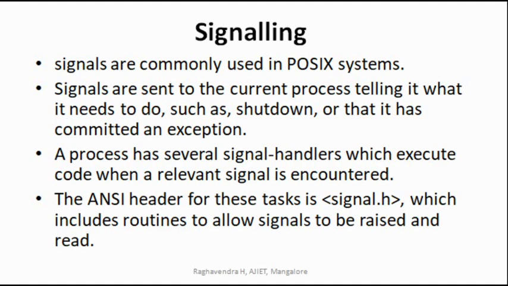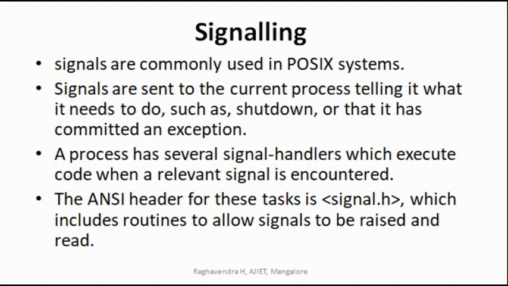Some of the common signals are: segmentation violation, reading or writing memory that does not belong to this process. Next is illegal instruction, trying to execute something that is not a proper instruction for the CPU.